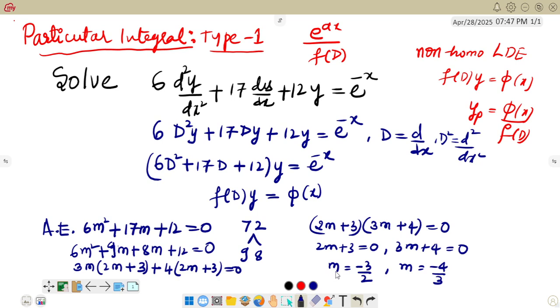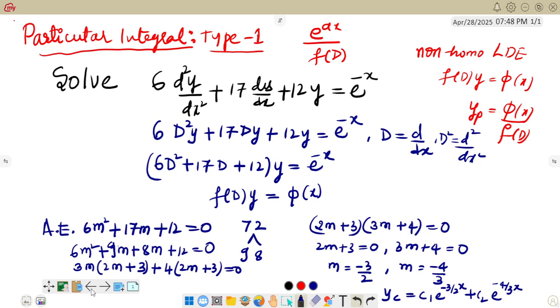Based on these different roots, minus 3 by 2 and minus 4 by 3, we write the complementary function: yc is equal to c1 e raised to minus 3 by 2 times x, plus c2 e raised to minus 4 by 3 times x.